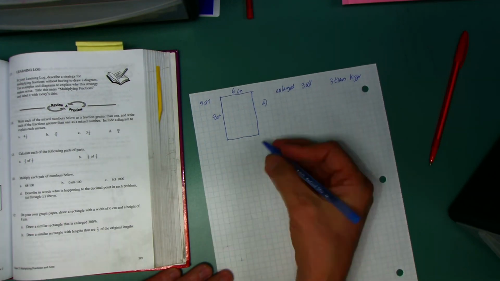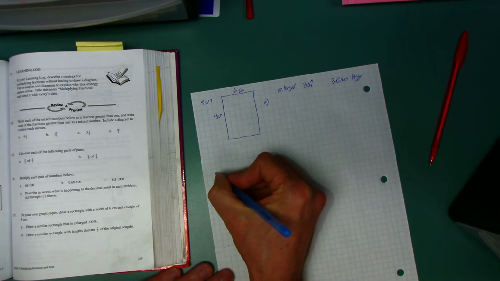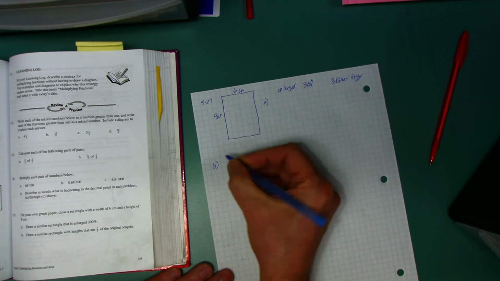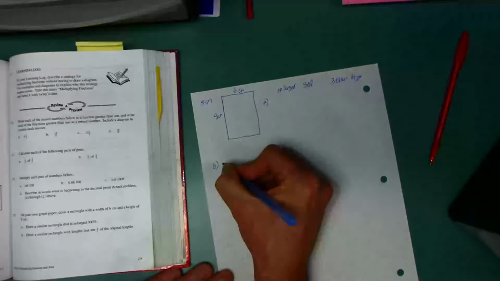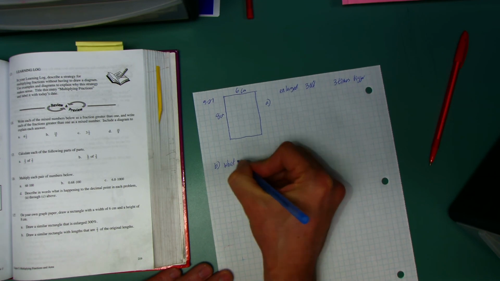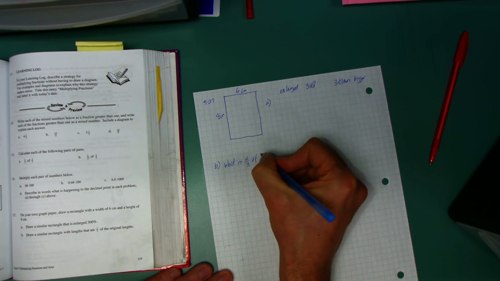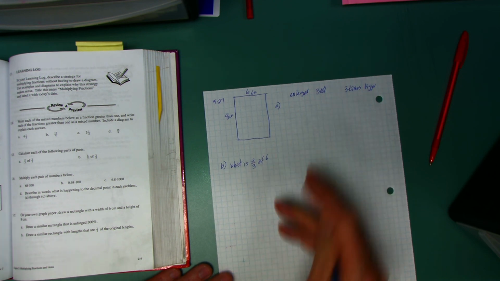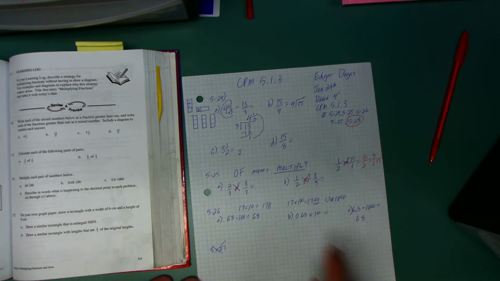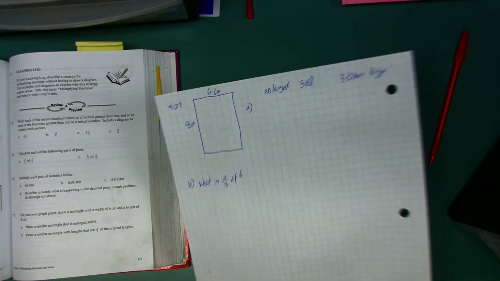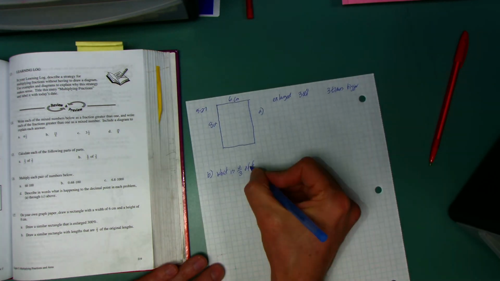Okay, so what do I got to do on this? I got to figure out what is 2/3 of 6. Well, what does of mean again? How do I make 6 a fraction?